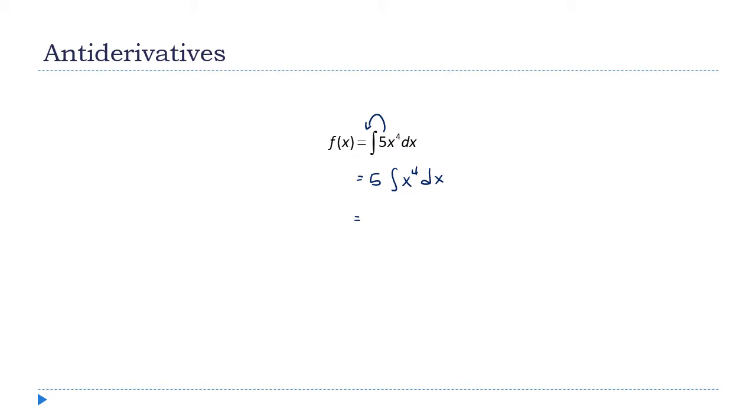Apply the power rule. I'm going to leave this 5 out in front, increase the exponent by 1, and divide by the new exponent. 4 plus 1 down here is 5, so that's just going to cancel, and all that's left is x to the 5th. I told you it is so easy to do. This is the step where I should have slipped that constant in. Always going to have that plus a constant at the end.